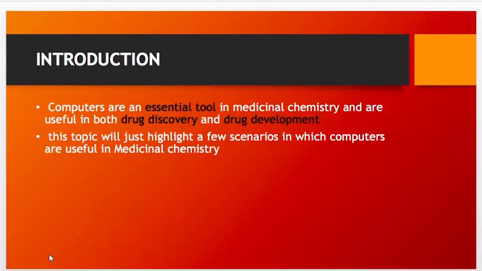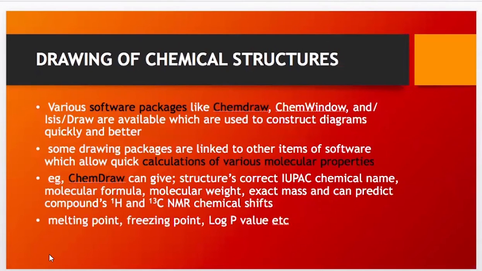So with that having been said, when talking of these different software, like I mentioned, computers have come with different software which have been designed to help these chemists in designing different lead compounds and also issues to do with drug development, like lead optimization.